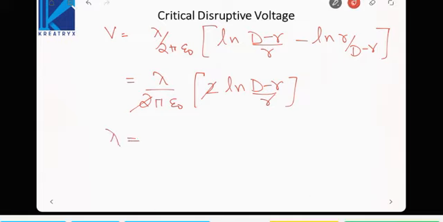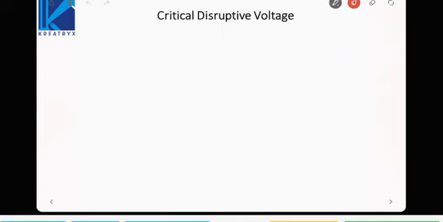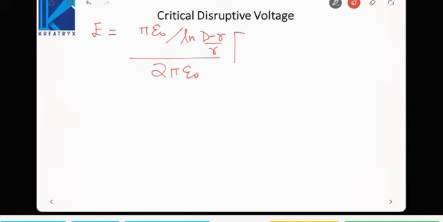Lambda is equal to pi epsilon naught over ln (d minus r) by r. Now if we substitute this in the electric field expression, electric field will be pi epsilon naught by ln (d minus r) by r, divided by 2 pi epsilon naught, into (1 by x plus 1 by d minus x).